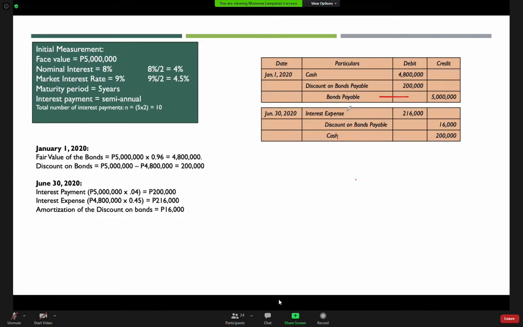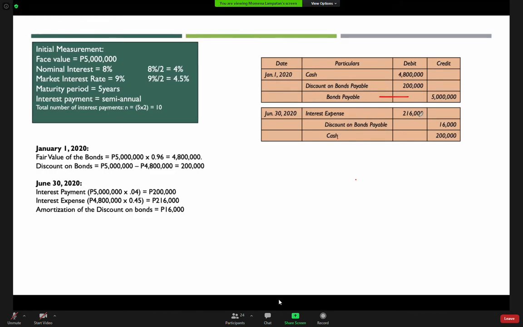So, kaya mas malaki yung interest expense kaysa dun sa actual cash na binayad mo for interest is because meron pang amortization ng discount. Okay? How are you going to identify how much of the discount on bonds payable is to be amortized during that year? So to get that one, you have to compare the interest expense with the actual interest paid.